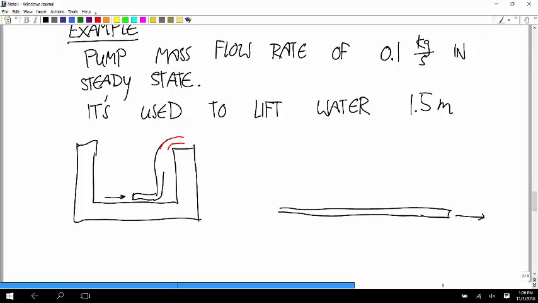Here's the pump sitting up on top, and it's plugged into the wall.